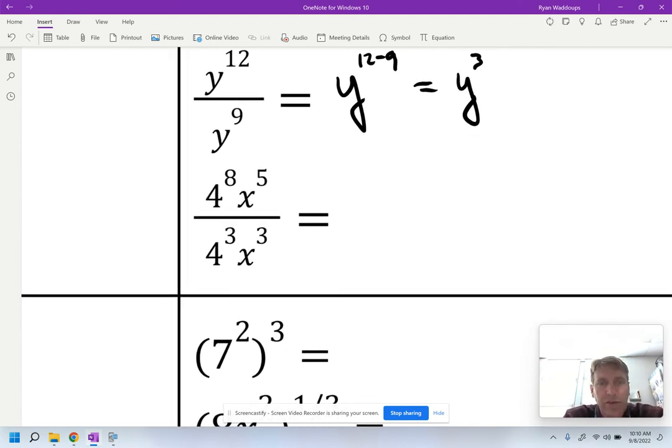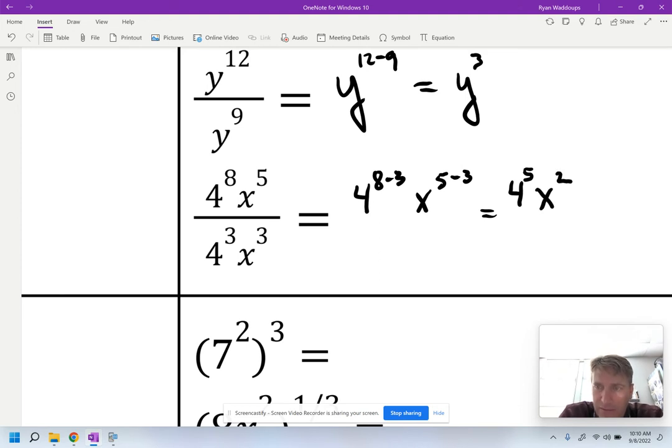When you have more than one term, you do it with just the like bases. So this is 4 to the 8 minus 3, and x to the 5 minus 3. Then we simplify that to 4 to the 5th power and x to the 2nd power.